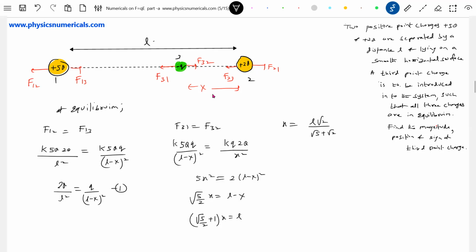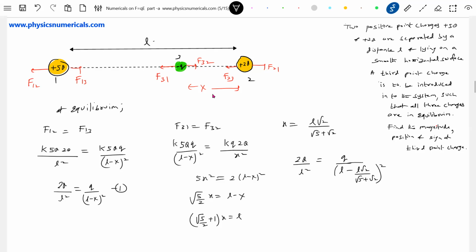And where will it be? It will be between the point charges. Now I'll substitute this value of x here to get an expression for q. So this will become 2q L square equal to q times (L minus L root 2 by (root 5 plus root 2)) whole square.